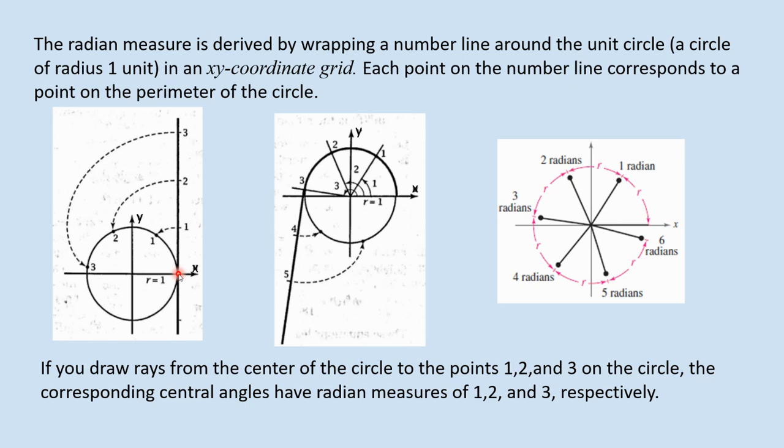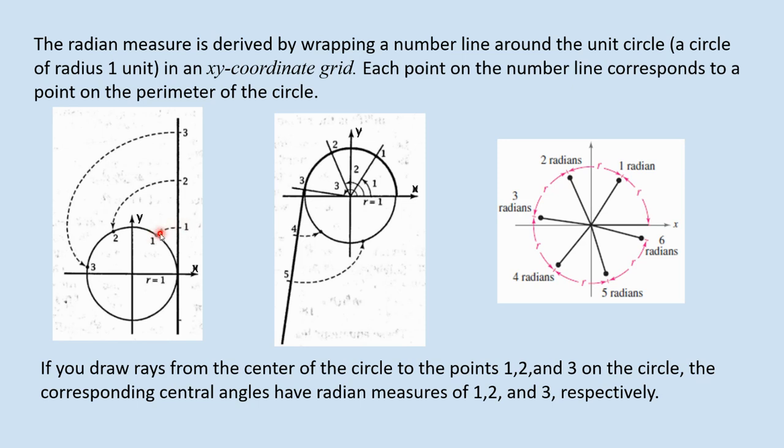And this point would be 0 on the number line. And the units on the number line are equal to the radius of the circle. So the radius is 1 unit, and the units on the number line are the same. Think of this number line as being a piece of string, and we start wrapping it around the circumference of the circle.